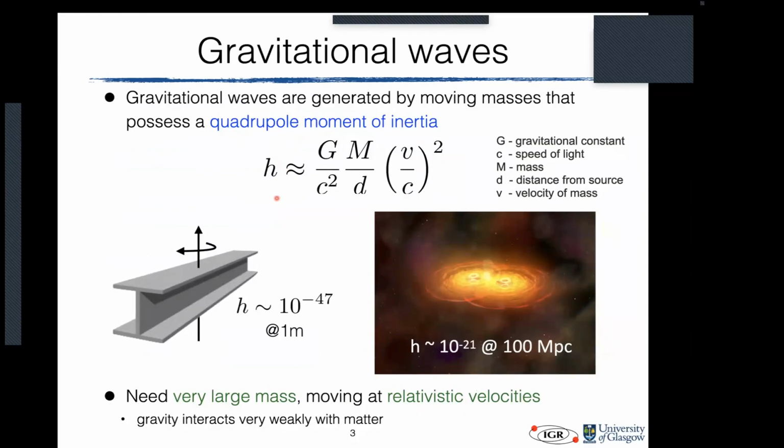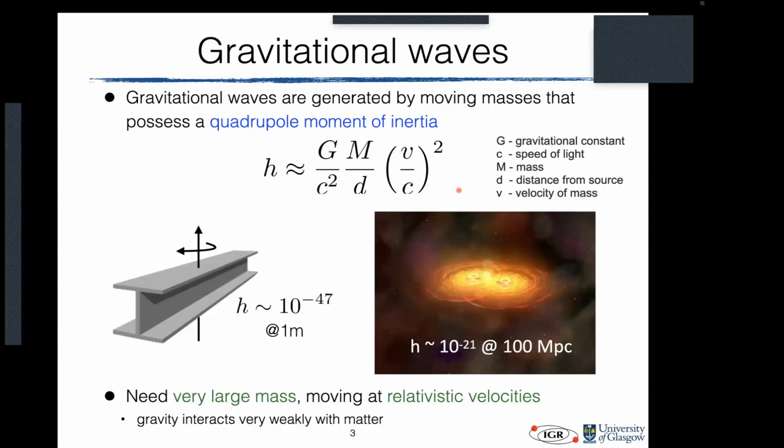This is what we're measuring, as a function of the gravitational constant G, the speed of light c squared, the moving mass that causes this quadrupolar moment of inertia, and then the signal that we see is inversely proportional to the distance, because we're measuring amplitude and not intensity. That's one difference between gravitational wave astronomy and standard EM astronomy, because we are inversely proportional to distance and not distance squared.